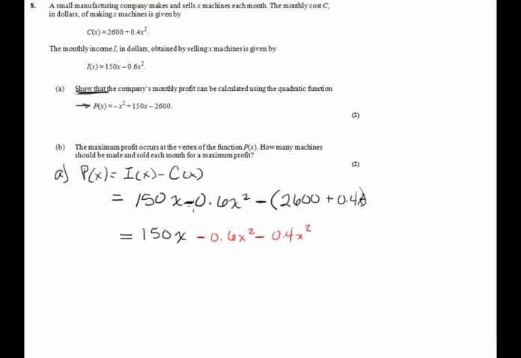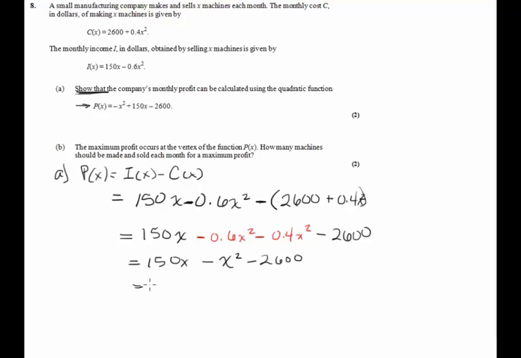That's the tricky part. That's where people are going to make a mistake, because then we just have the minus 2,600. So these two negatives will be minus 1. And as you know, we don't have to write that one, so I just have minus x squared minus 2,600. And does it look like this?